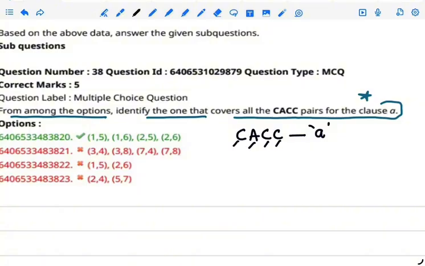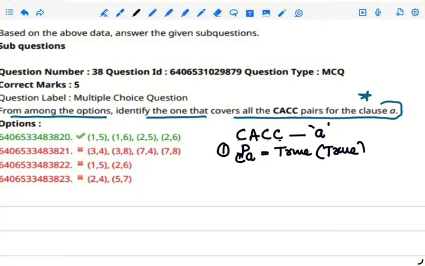To calculate CACC easily, you have to remember the conditions. For a given clause A, PA, A determines the predicate P, that is A is the major clause which determines the predicate P. So PA must be true.